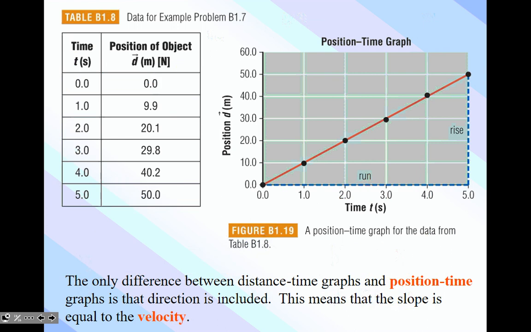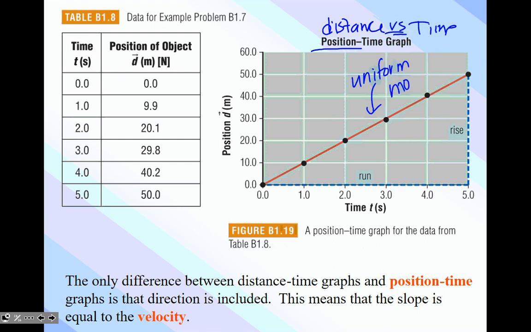Okay, awesome, good job. I think you guys are getting this. So a position-time graph looks exactly like a distance-time graph. Looks exactly the same. Uniform motion.